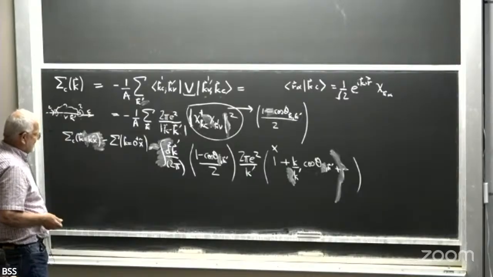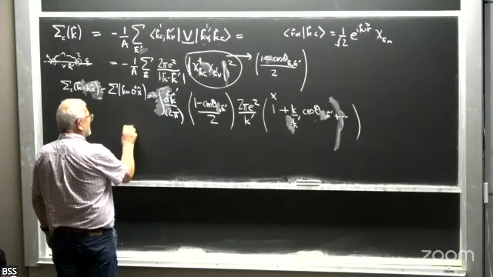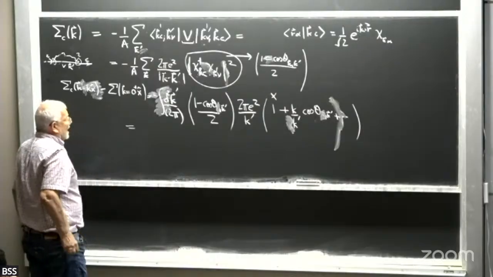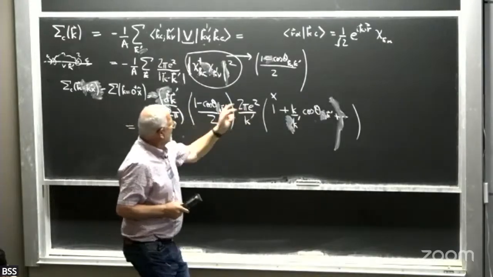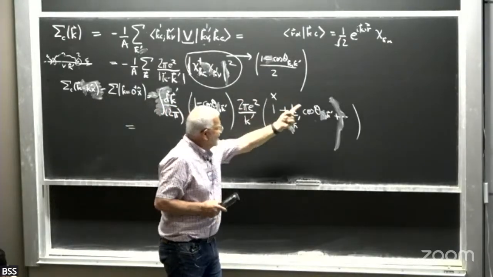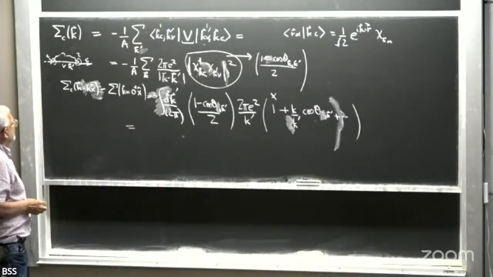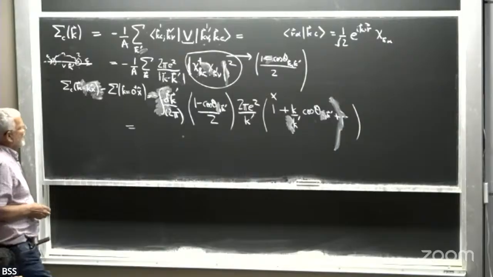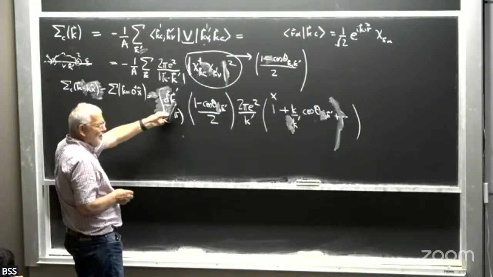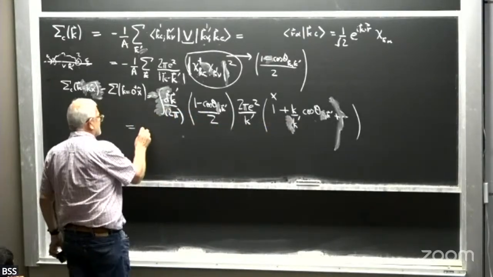So when I integrate over the angle of k prime, there's a factor of cos theta here, so it's cos squared theta, and the integral over angles of cos squared theta is not 0, it's pi.